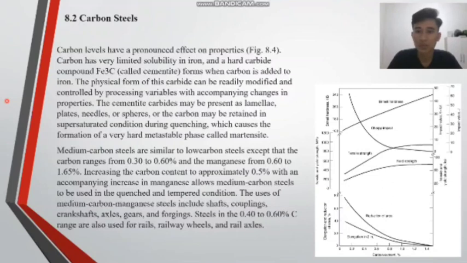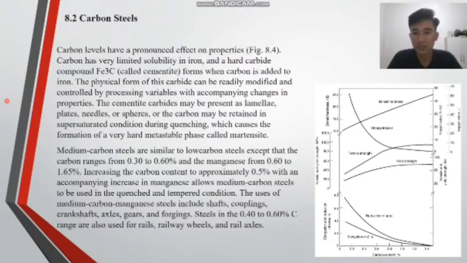The physical form of this carbide can be readily modified and controlled by processing variables with accompanying change in properties. The cementite carbides may be present as lamellar plates, needles, and spheres, or the carbon may be retained in supersaturated condition during quenching, which causes the formation of a very hard metastable phase called martensite.